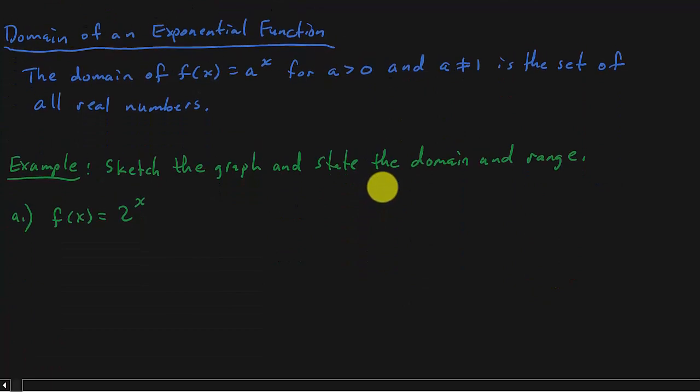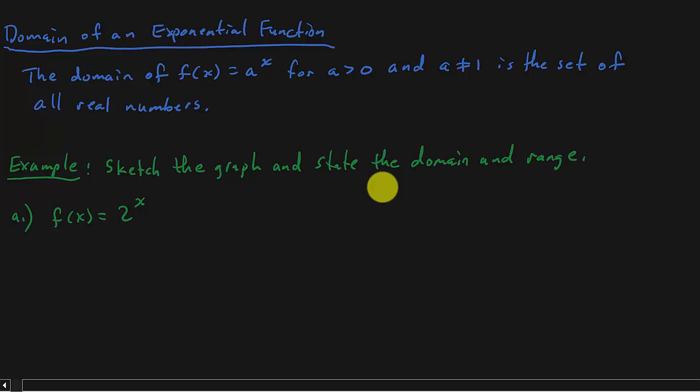Okay. All right. So now let's look at this. We've got the domain of an exponential function. Remember the domain, that's what all x values can I plug in. The domain, that's the x values that you plug in. The range, that's the y values that you get out.